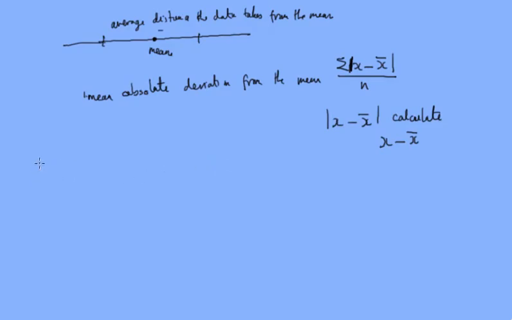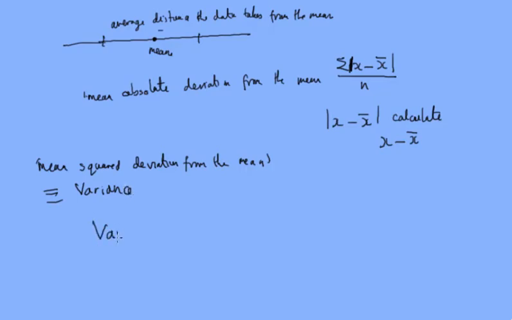Alternatively, we find the squared deviation, which is also known as the variance. So the mean squared deviation from the mean, which is also known as the variance.